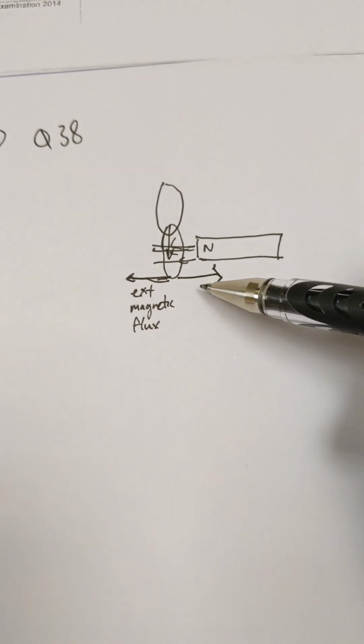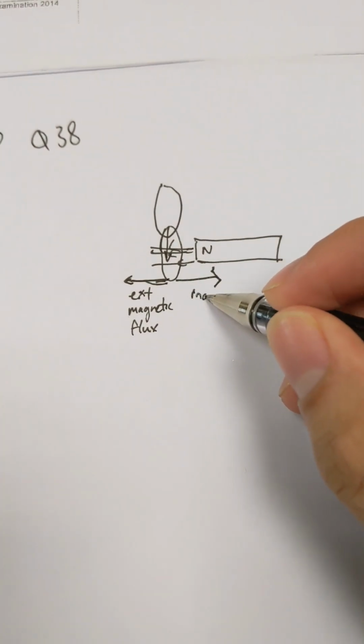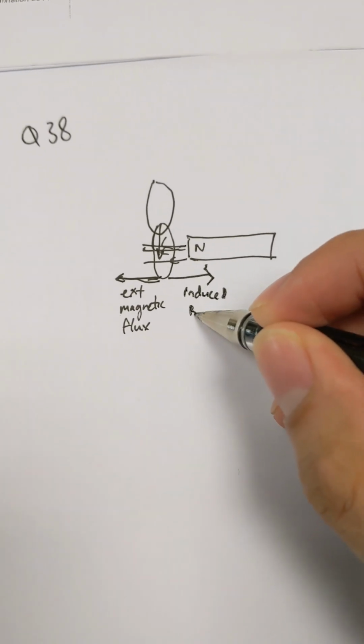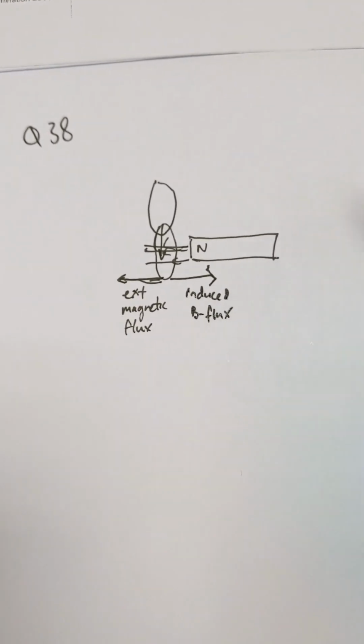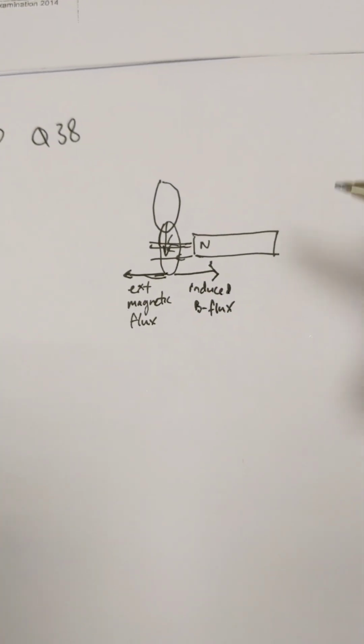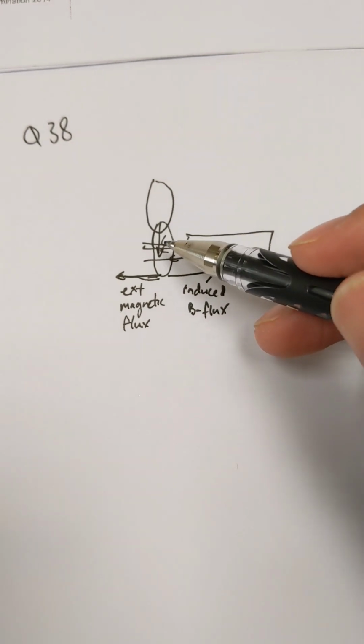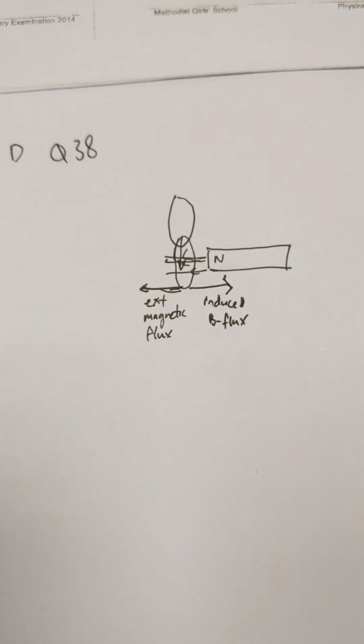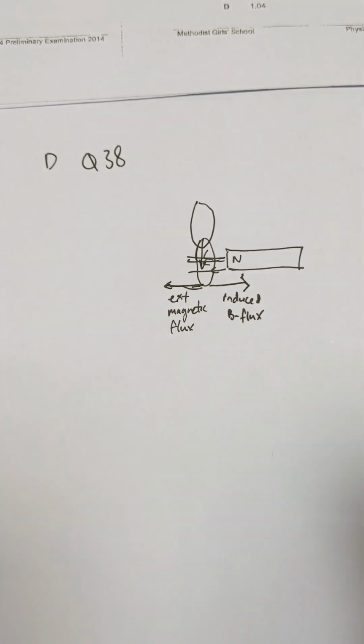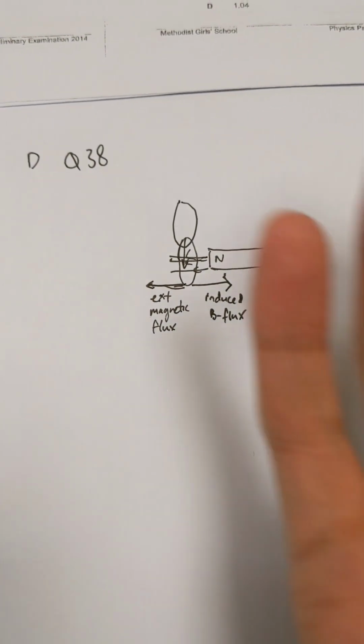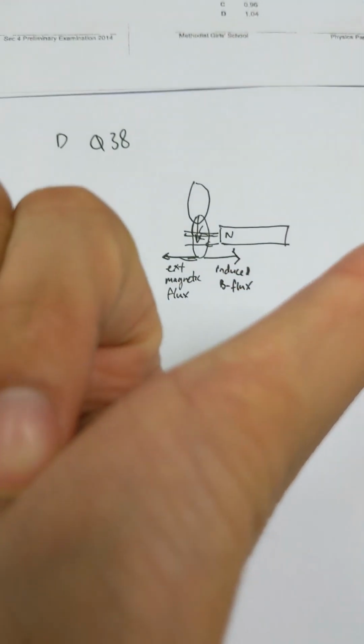So you'll cancel out. So if it wants to induce a north pole that's going this way, then by using the right-hand grip rule, my induced B flux wants to go this way, my hands are going to curl around this way.